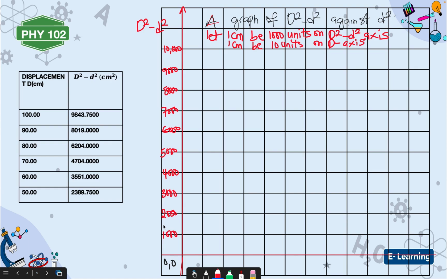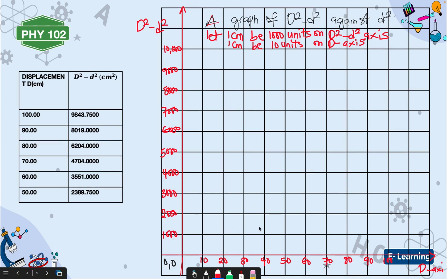So which of them is the d axis? The d axis is this axis here. So we are going to come here and label this d axis. So here will be 10, 20, 30, 40, 50, 60, 70, 80, 90, and then here we have 100.